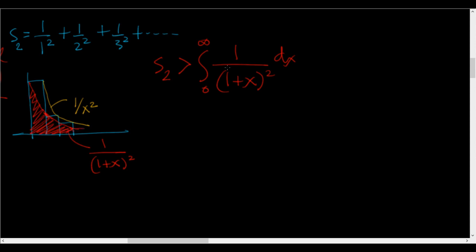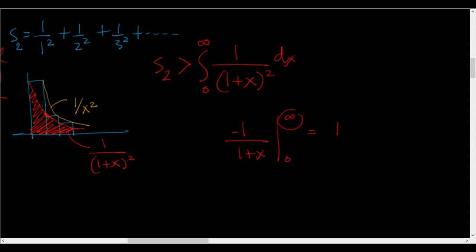How much is this integral? It is minus 1 over 1 plus x between 0 and infinity, which is equal to 1. Because when x is infinity, that one is 0, and when x is 0, that one is 1. Negative here and a lower limit, so that is 1.